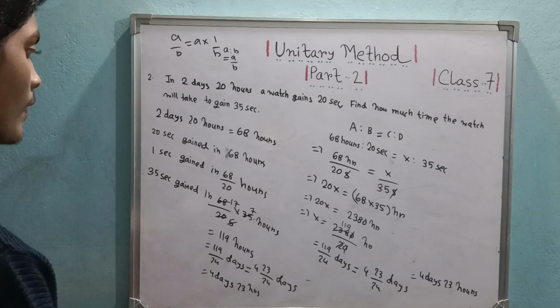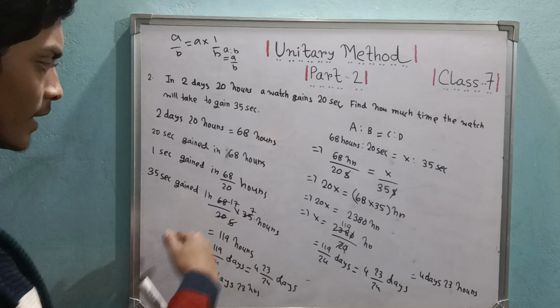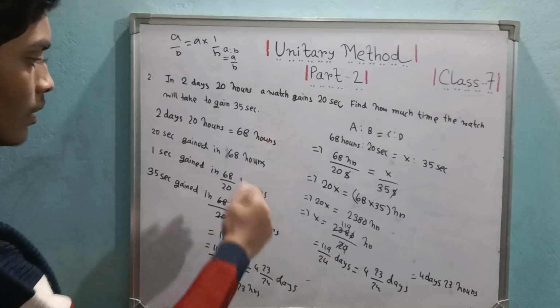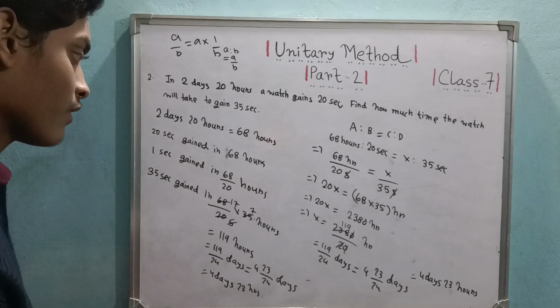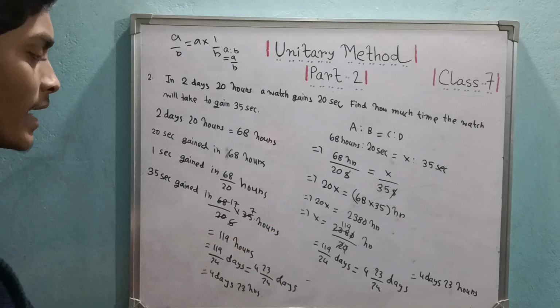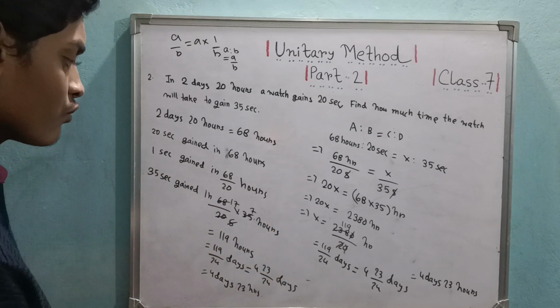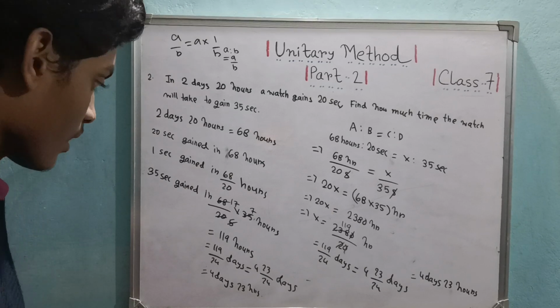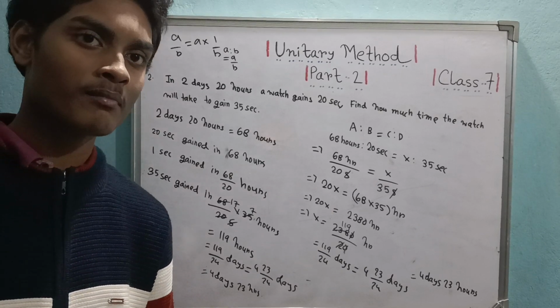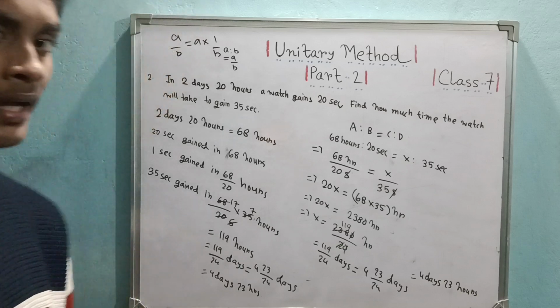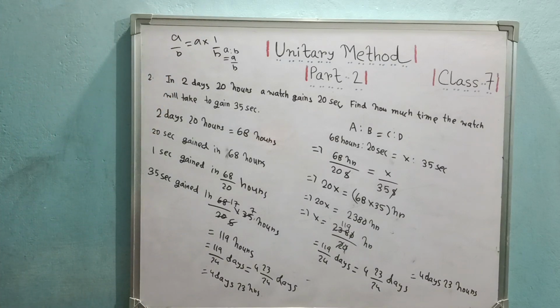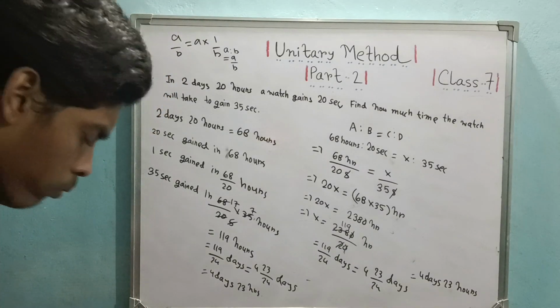Now to gain 35 seconds, the time period will be more, so we are increasing, so we are multiplying: 68 by 20 into 35 hours. Get the calculation done, you will get 119 hours. That is 4 days 23 hours, right? 5 days is 120 hours, minus 1 hour equals 119 hours, equal to 4 days 23 hours.